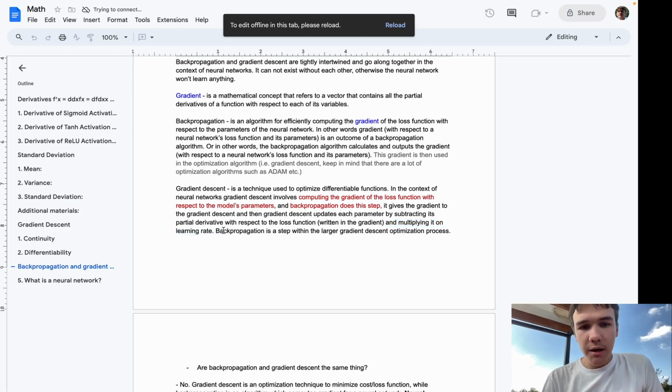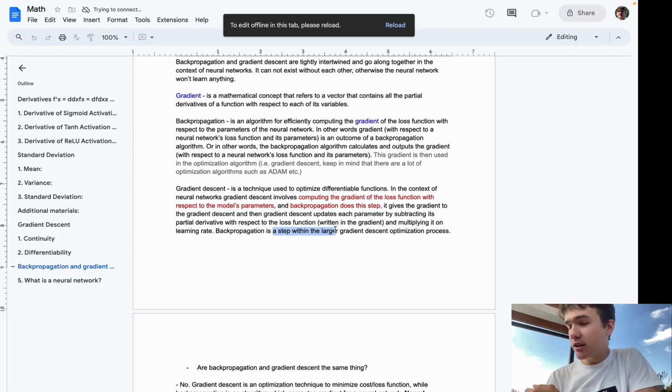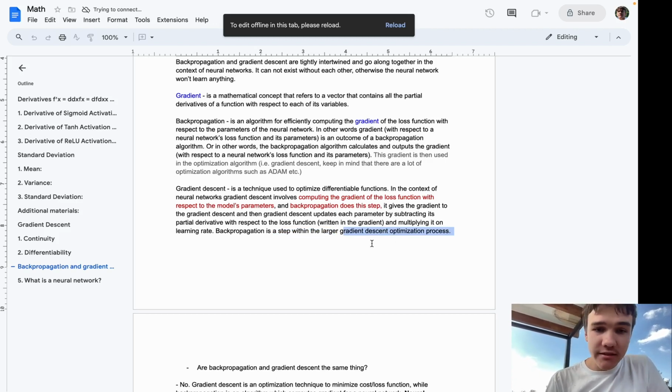And then I wrote, backpropagation is a step within the larger gradient descent optimization process. This is very important to understand: backpropagation is a step within the larger gradient descent optimization process. It means that backpropagation does not contain gradient descent itself.